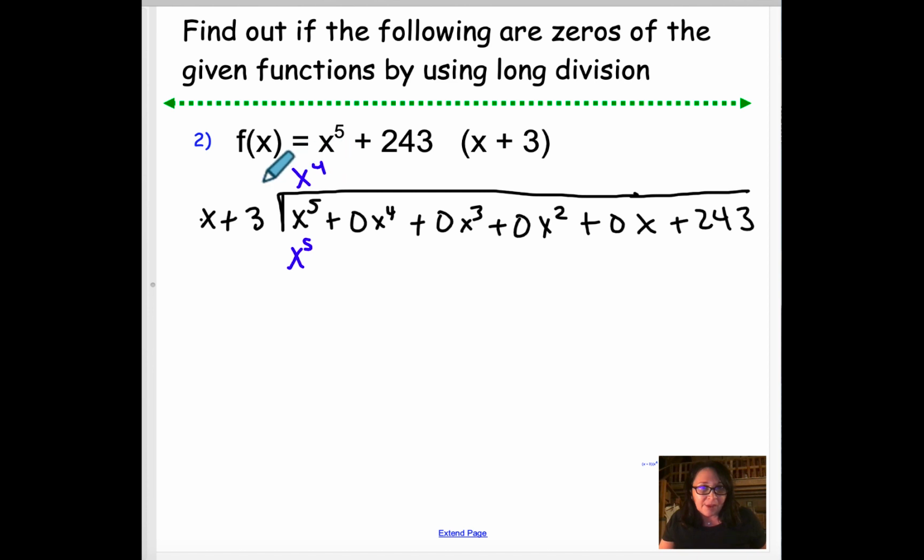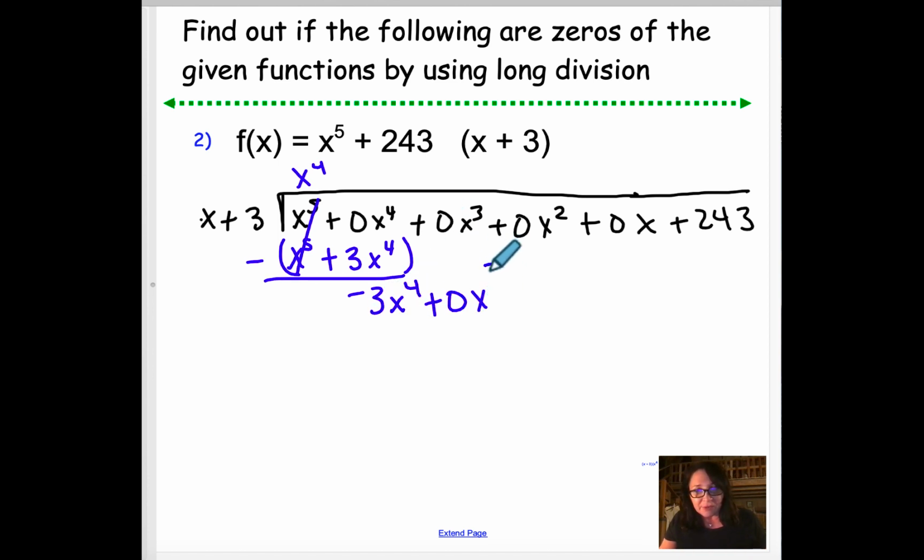Bring down the 0x. x times what is negative 27x squared? That's negative 27x. Negative 27x times x is negative 27x squared. Negative 27x times 3 is negative 81x, and then I'm going to subtract the quantity, and these cancel.